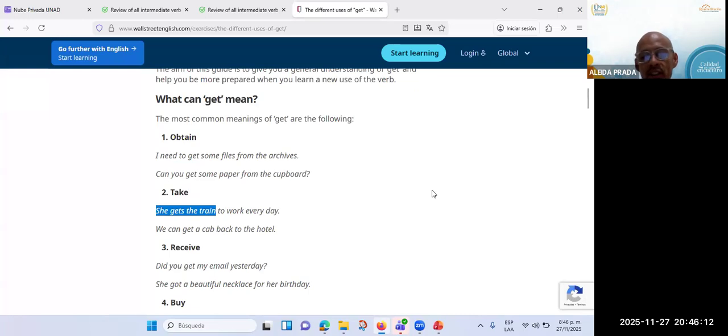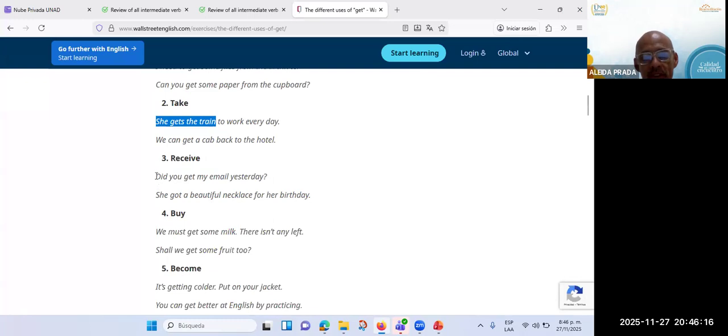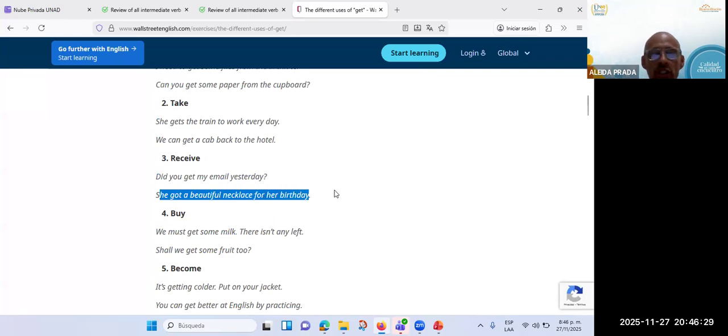She takes the train. Okay. Receive. Did you get my email yesterday? Did you receive my email yesterday? Okay. She got a beautiful necklace for her birthday. She got. So she received a beautiful necklace for her birthday.